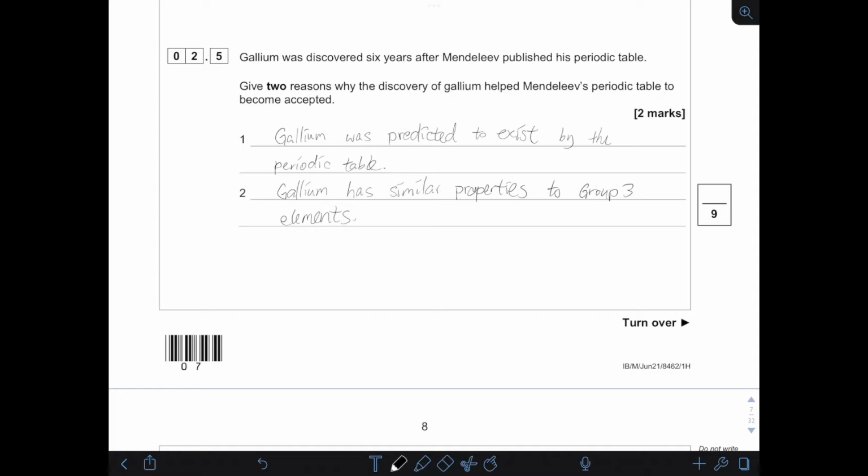Halides all react with sodium or group 1 metals, and noble gases all are gases, and so forth. And gallium is similar to other group 3 elements, so that's why it also supports the theory, I guess.